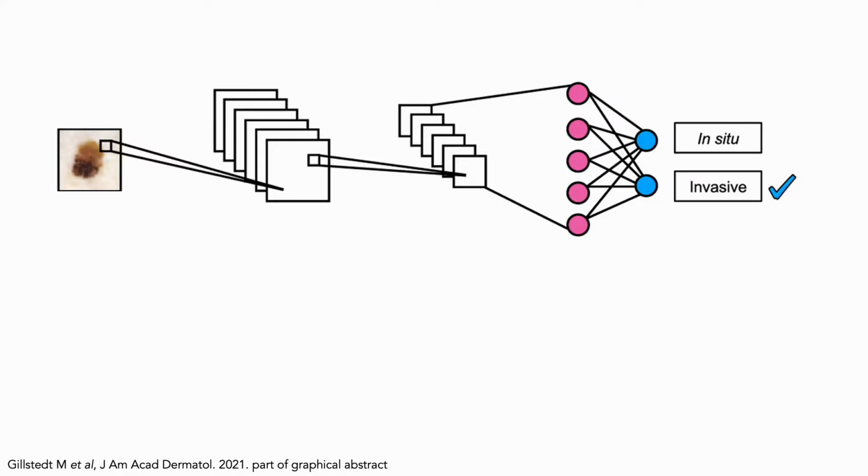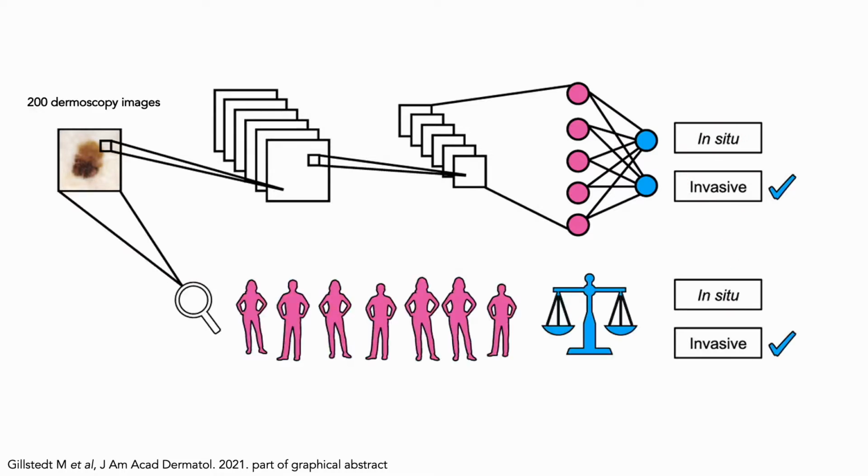We constructed a de novo convolutional neural network with the aim to classify lesions as either in situ or invasive. The final model that we deployed was evaluated on an external test set, which was also assessed by 7 independent dermatologists. In that way, we could investigate the performance of the CNN compared to the dermatologists.